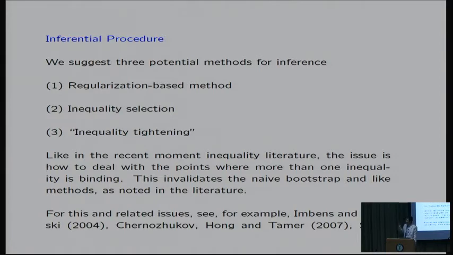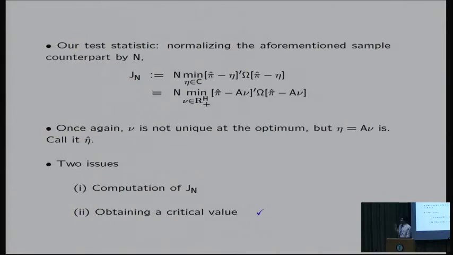The easy thing to do here is, for example, you can just bootstrap this. And if you're not worried about, say, uniformity issues, then that's okay. You can just do it. But of course, this is an inequality restriction. And in the research literature, everybody is worried about the uniformity property.